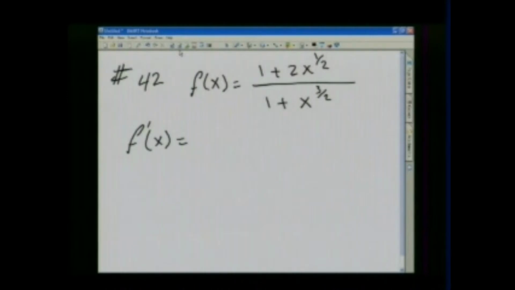Okay, so again, based on the formula, it says derivative of the numerator times the denominator.